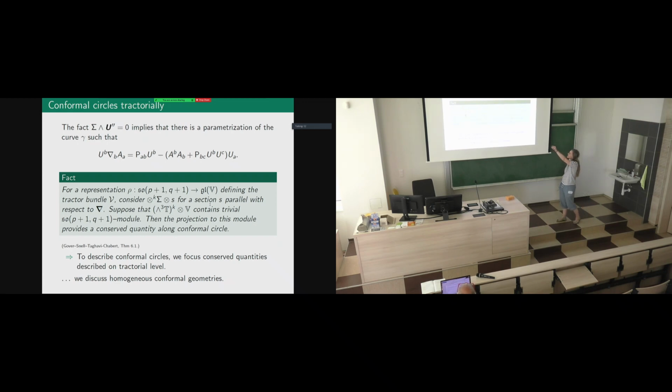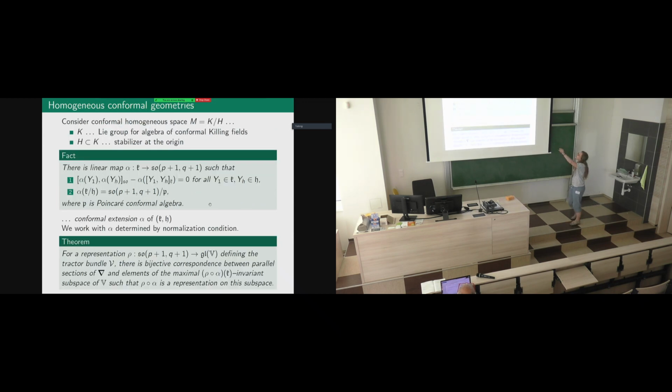If we suppose that the bundle where this element lives, which is the third wedge power of T, to the kth power, tensor V, contains a trivial SO(p+1,q+1) bundle, then the projection to this module provides a conserved quantity along the conformal circle. So the idea is to describe conformal circles. We focus on conserved quantities described on the tractorial level. And as usual, we start with the simplest examples and we focus on homogeneous conformal geometries.